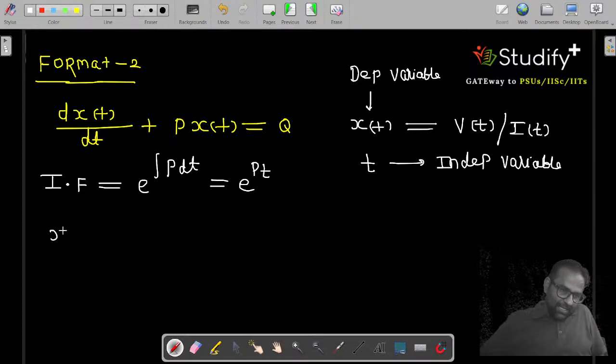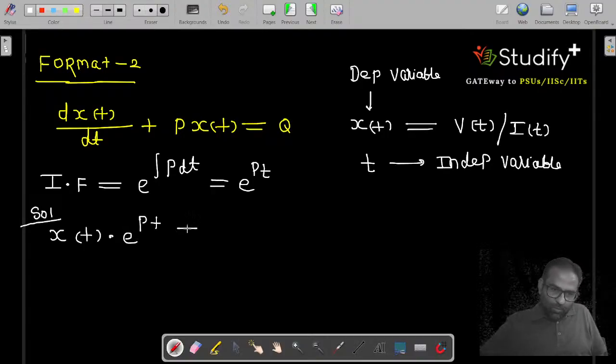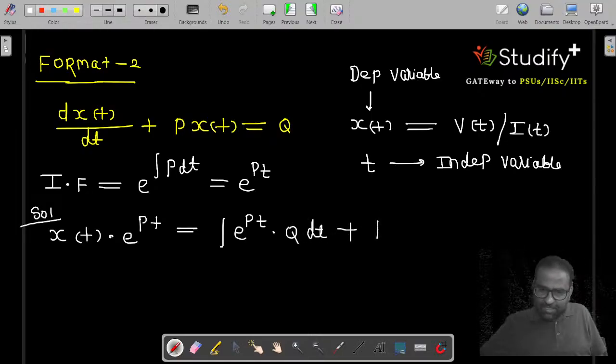So you can say x(t), this is the solution: x(t) into e to the power pt equals the integration of e to the power pt into q into dt plus some constant k.